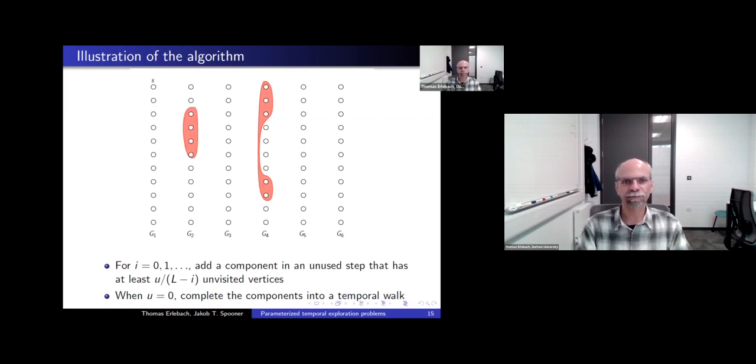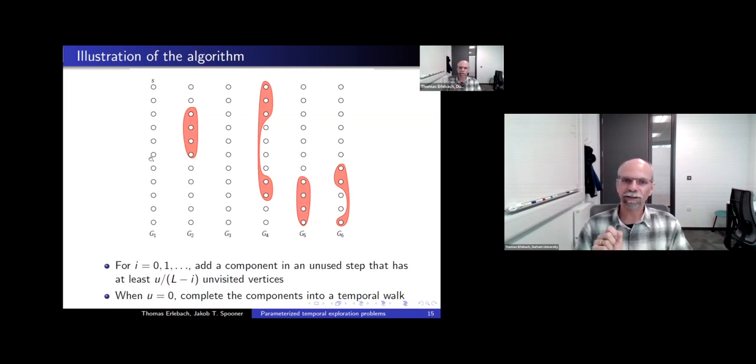Let's say this is one that visits 3 unvisited vertices. Now we look for a component that visits at least 1/4 of the remaining unvisited vertices. Let's say this one. Now for a component that visits at least 1/3 of the remaining unvisited vertices, say this one. And now these 4 components together visit all vertices.